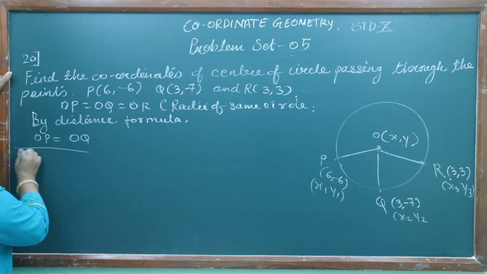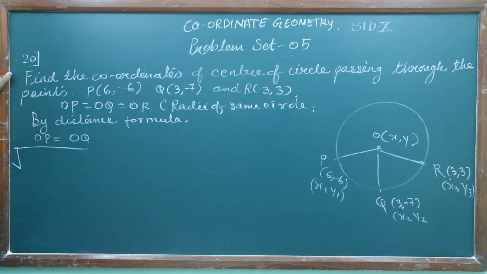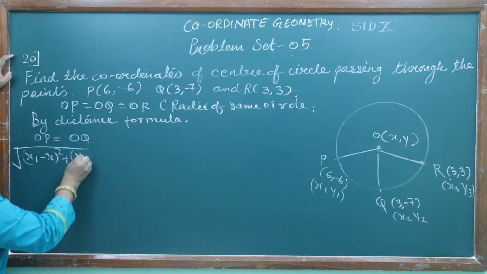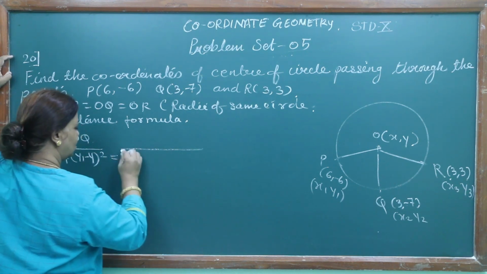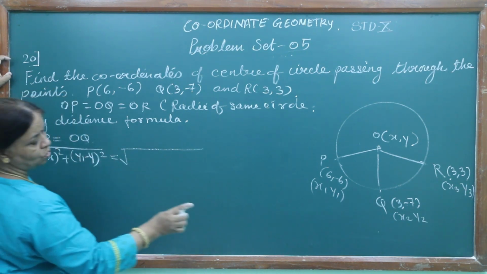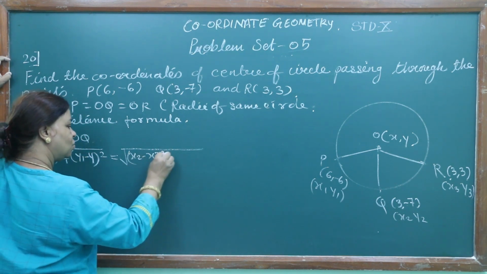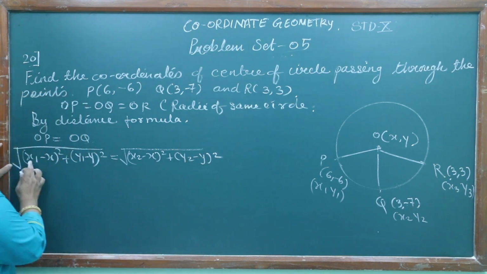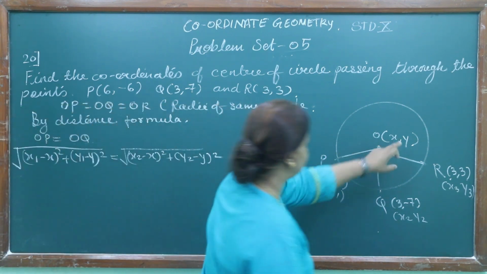Under the root, (x1 - x) the whole square plus (y1 - y) the whole square, which is equal to under the root, (x2 - x) the whole square plus (y2 - y) the whole square. Now x1 minus x, x1 is 6, 6 minus x.